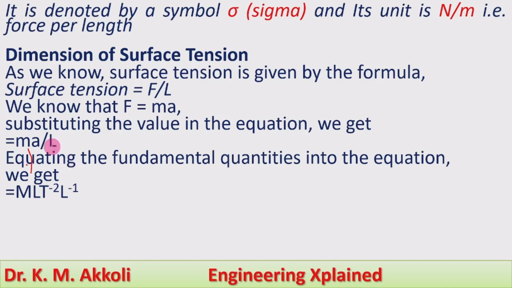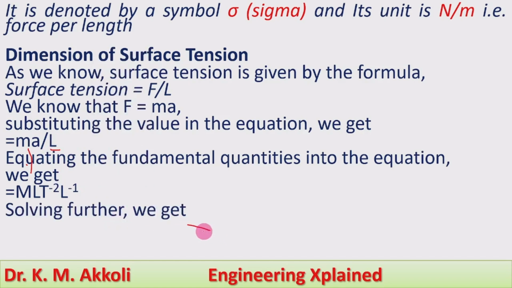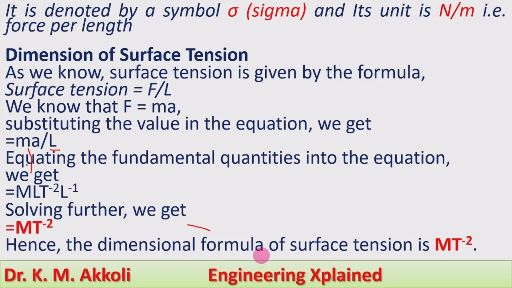And there is an L in the denominator, which comes into the numerator as L raised to minus 1. After simplifying, we get M t raised to minus 2. Hence, the dimensional formula of the surface tension is M t raised to minus 2.